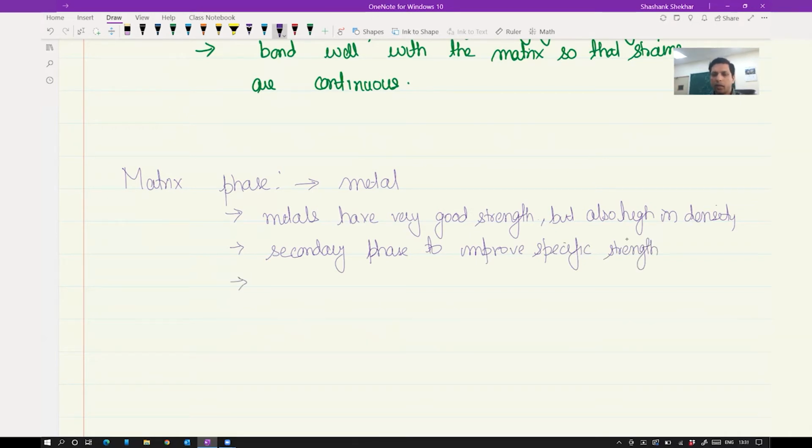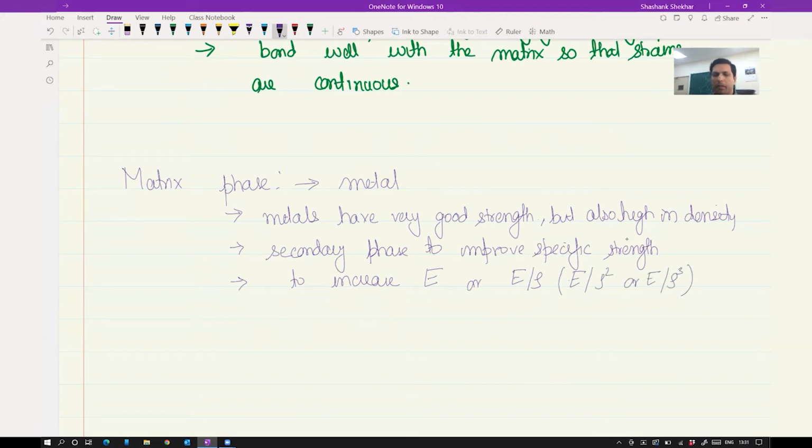The objective for using a metal matrix and adding a secondary phase is also to increase E, or more precisely E by rho. And in some applications, you may have to increase E by rho square or sometimes E by rho cube.